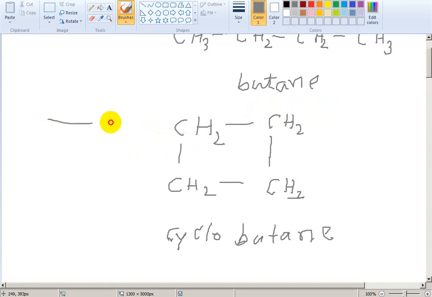This cyclobutane can be written this way: this carbon and this carbon joined by one line, then this carbon another line, then this carbon to this carbon, this carbon to this carbon. This is also cyclobutane. This is the skeletal formula. This is the structural formula.